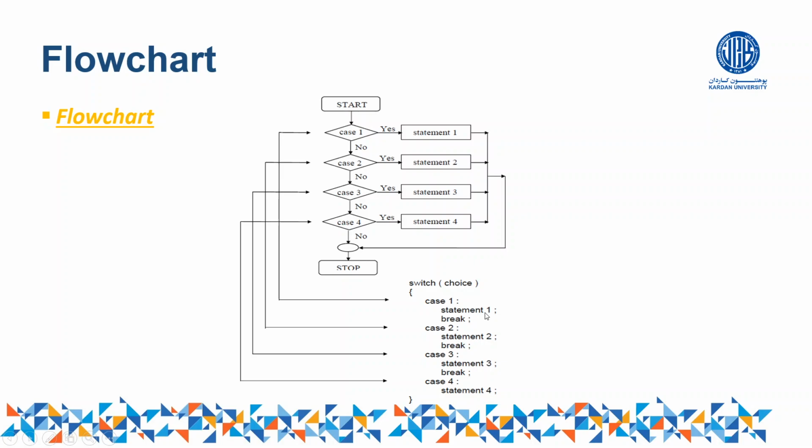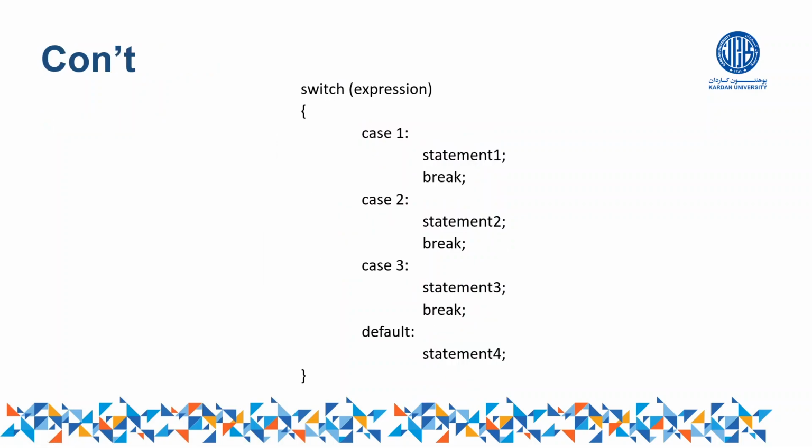And then after executing statement 1, the break statement will take the control out of the body of the switch statement. Similarly, if case 2 is matched, statement 2 will be executed, and then the break statement.